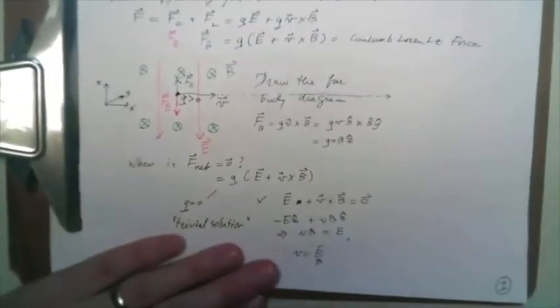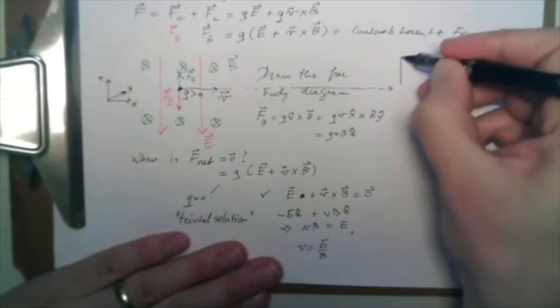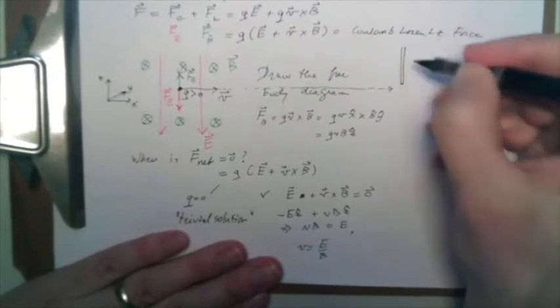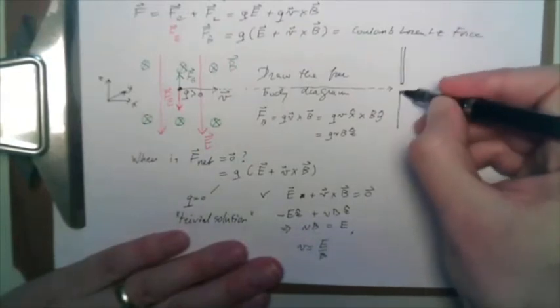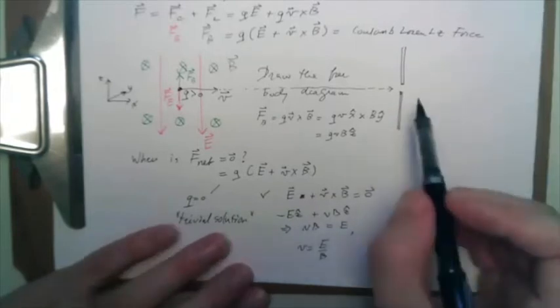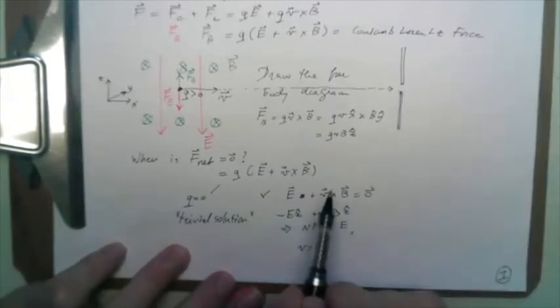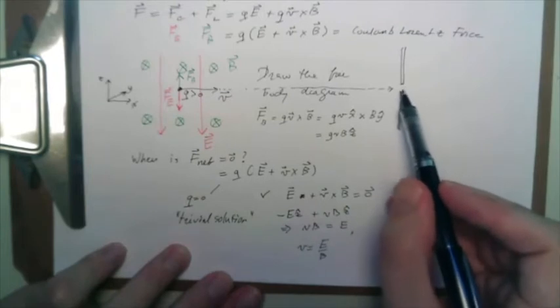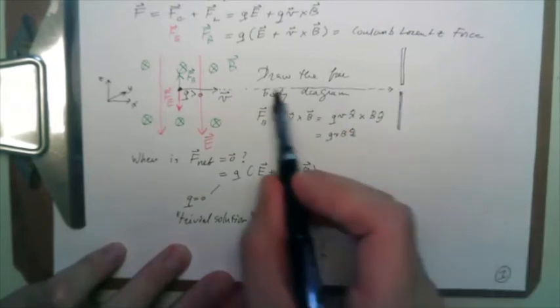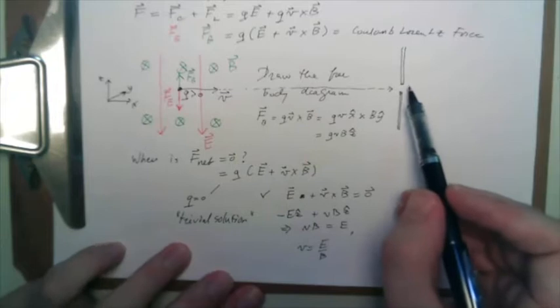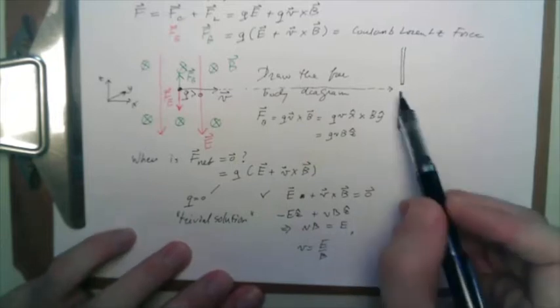Now let's say I'm putting a little aperture here. So I'm going to draw a little opening. And if I make this opening small enough, that means that the only particles that will go in a straight line are going to be the particles that move exactly at this speed.